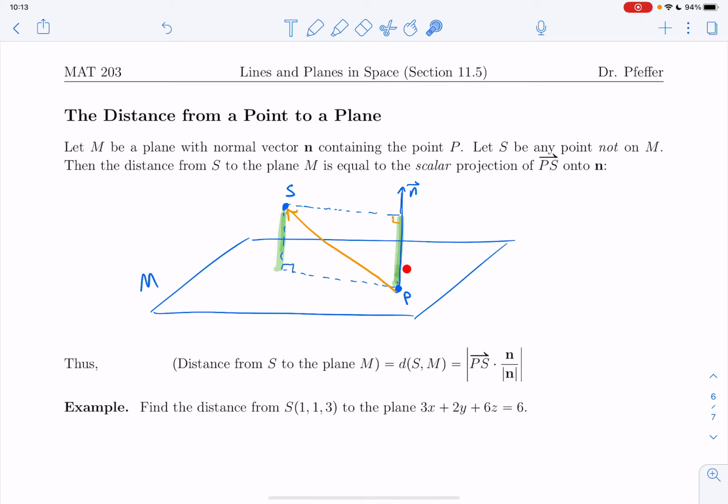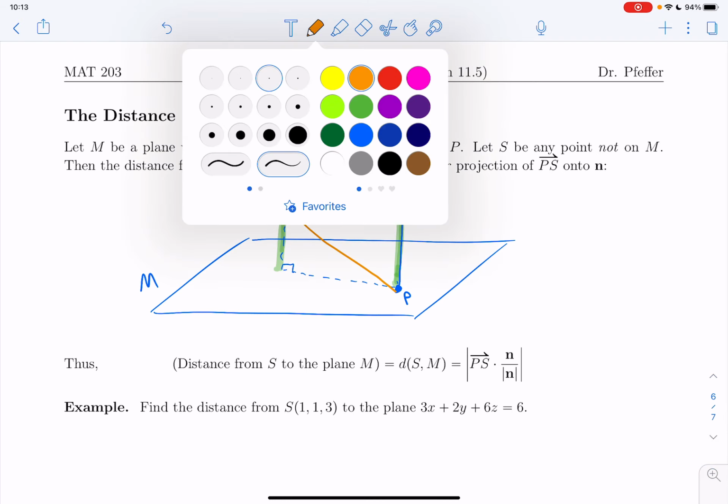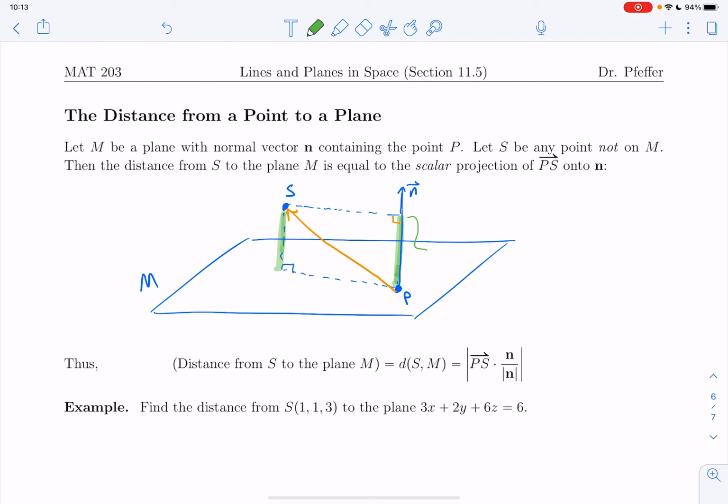But what is this? If I look at the vector from P to S, this is just the scalar projection of this vector onto N. That's what this distance right here is. This is just the scalar projection of PS onto N. And that's something we know how to compute by using a dot product.